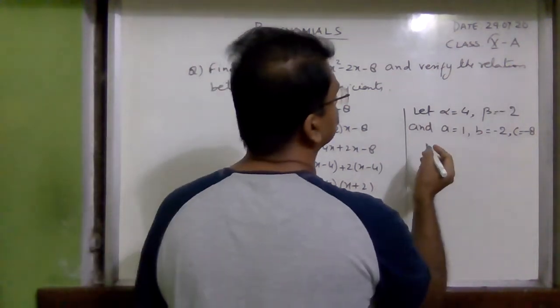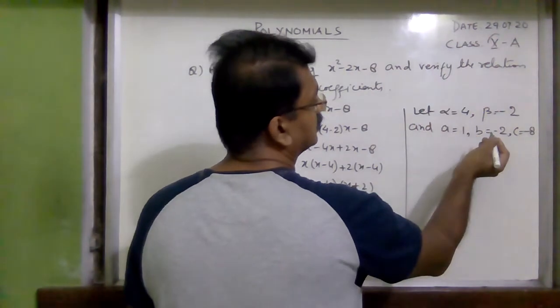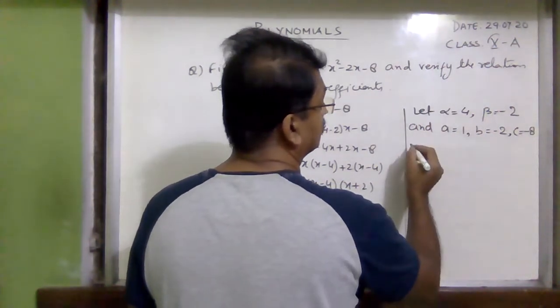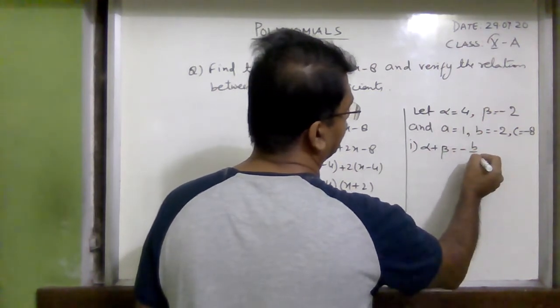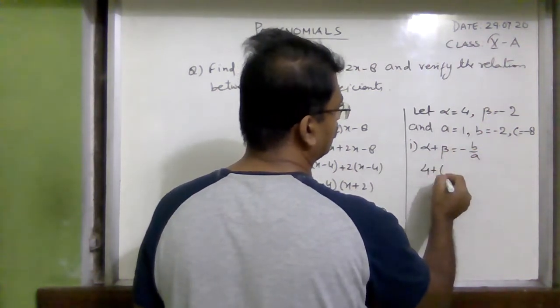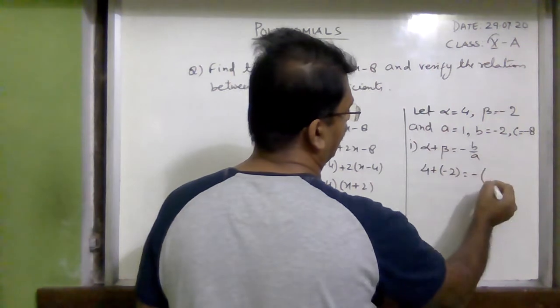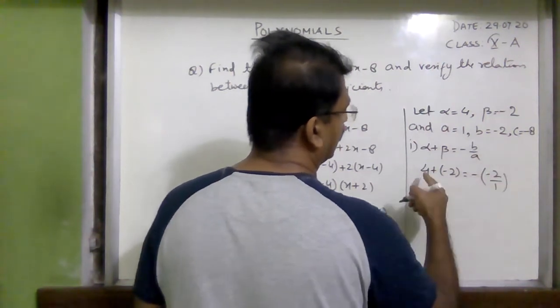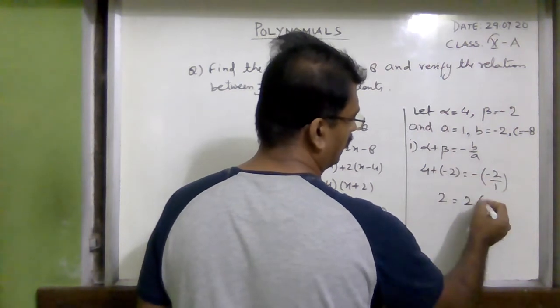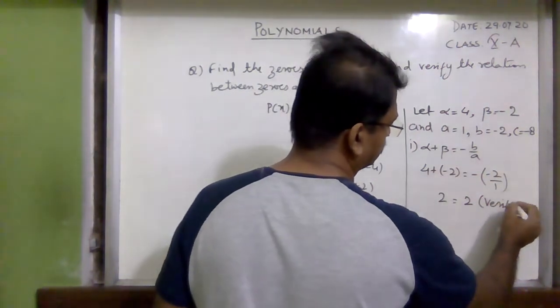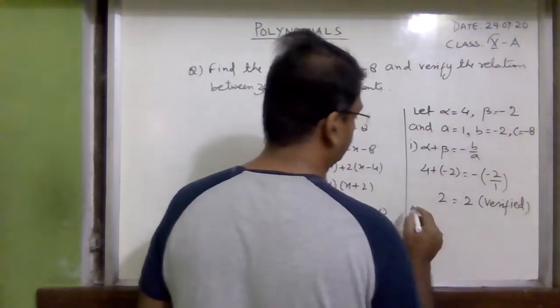Now first one is alpha plus beta is equal to minus b by a, means 4 plus minus 2 is equal to minus of minus 2 upon 1. Now 4 minus 2 is 2, and minus of minus 2 is plus 2, so it is verified.